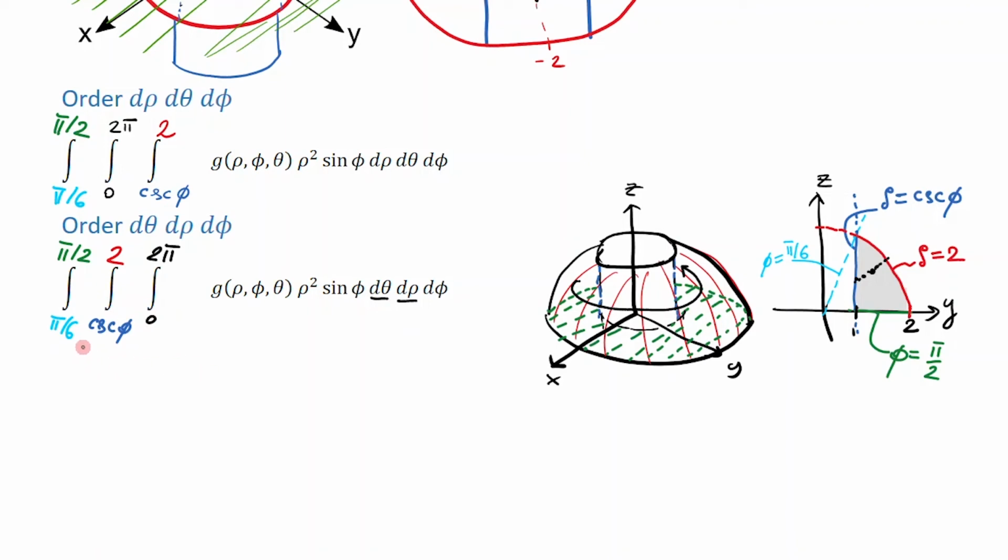In this case, the bounds on rho depend on phi only, which is allowed. We don't have any involvement of theta in these bounds, so that's fine. The outside bounds are just constants, and the inner bounds are also constants, which is also fine. Now, if the order had rho on the very outside, then we couldn't just write cosecant phi to 2 on the outside, because that's only allowed for inner integrals.